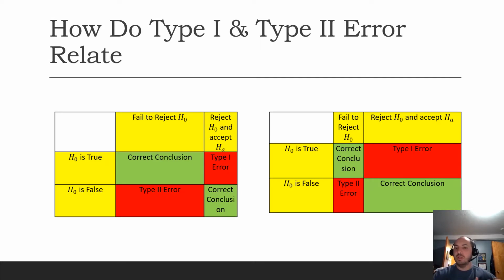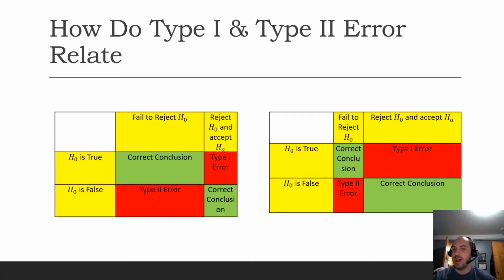Well, the more likely you are to fail to reject your null hypothesis, the less likely you are to reject it and accept the alternative. And that's going to impact the likelihood you have a type 1 versus a type 2 error. So you see these pictures here. I've kind of changed the areas of the boxes to reflect that if you set a very small significance level, you're going to make it really hard to reject your null hypothesis.